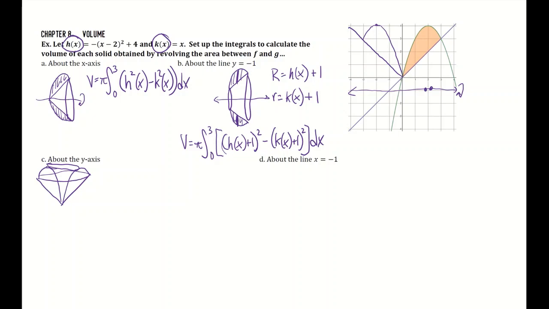And 3. So the problem with this is that if you have your representative rectangle here, that's going to be the distance between the line and the parabola. But if you're up here beyond y equals 3, that's the distance between the parabola and the parabola. And remember, we're going to have to write these in terms of y anyway, and you're not allowed to just write h of y.